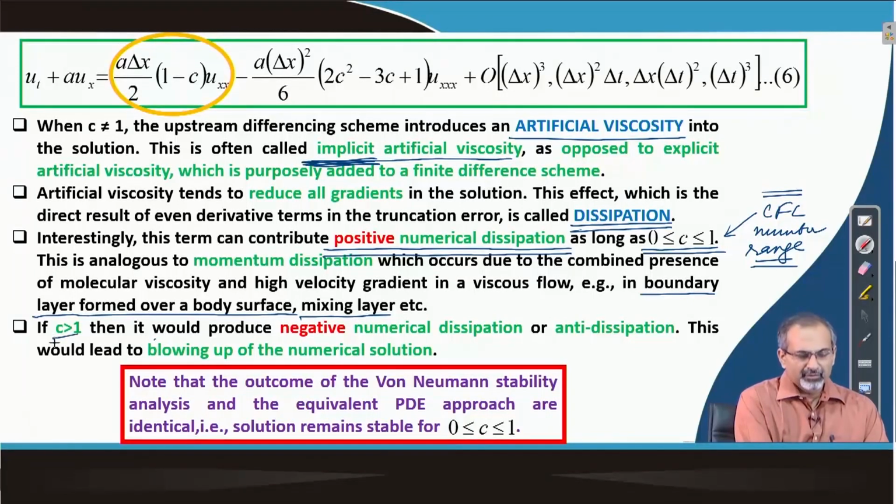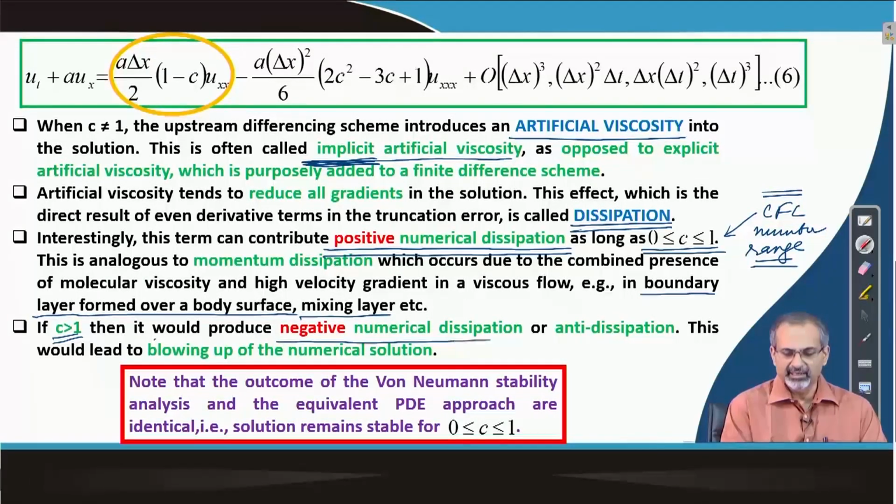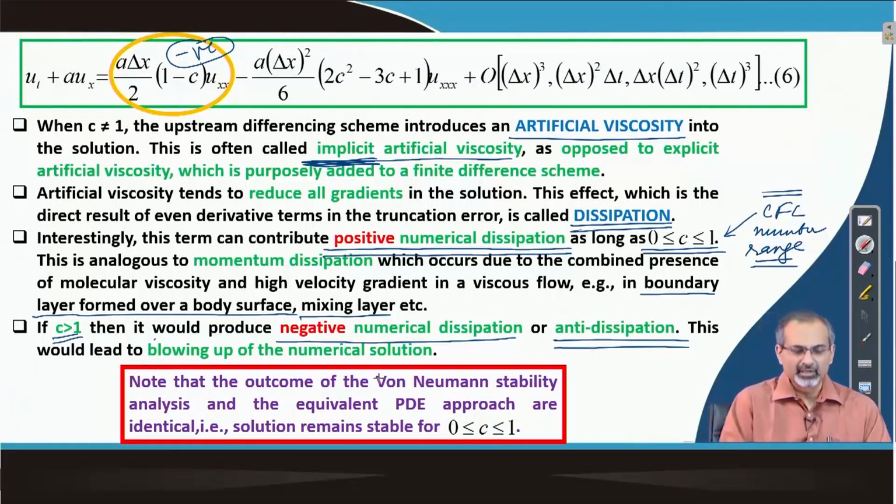Now, if you have a situation in the first order upwind equation where C is greater than 1, then that is going to create negative numerical dissipation, because that would give rise to a negative term here, or anti dissipation. That means, a phenomena which is opposite to dissipation, and this would lead to blowing up of the numerical solution.